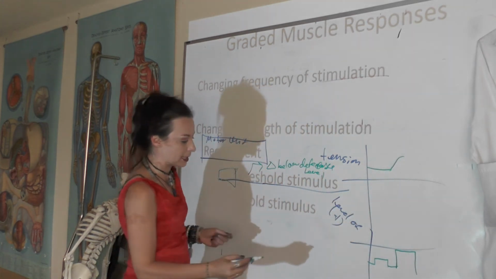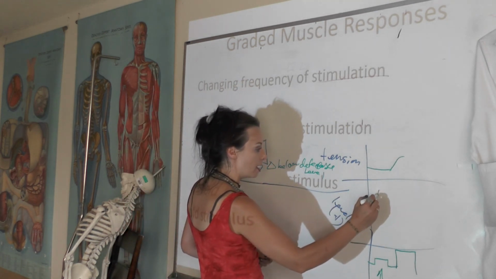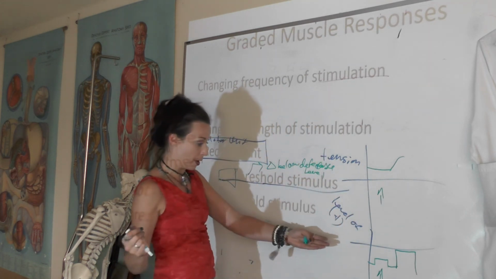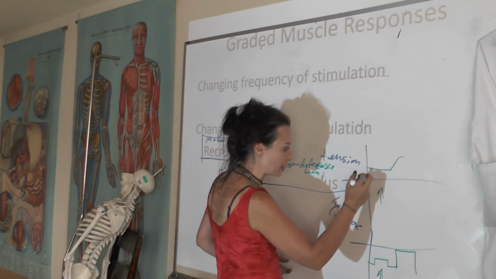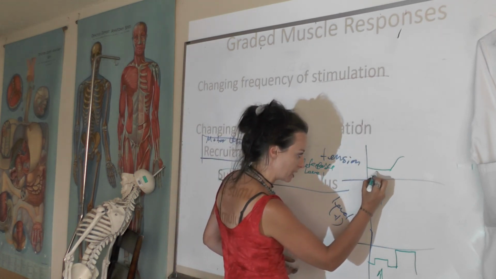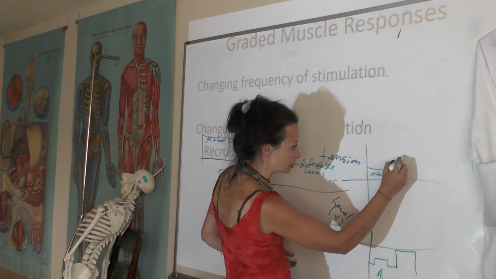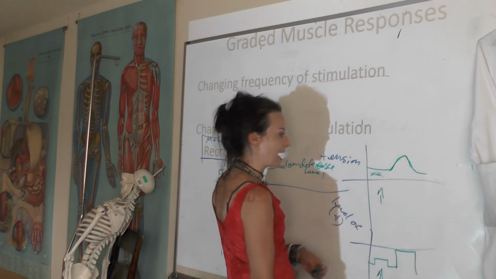Each time I'm only giving one single brief period of stimulation, enough to cause a muscle twitch or not. So I'll cause a twitch, generate my threshold level of tension, and then I relax.